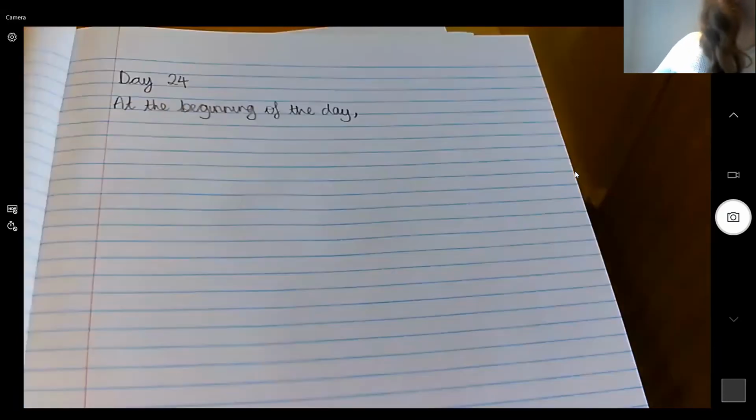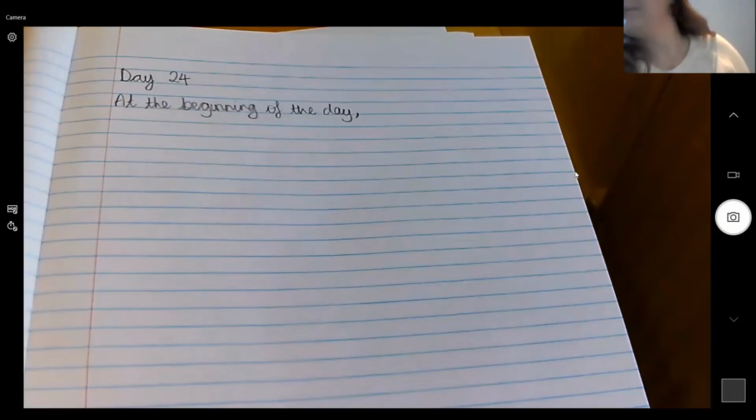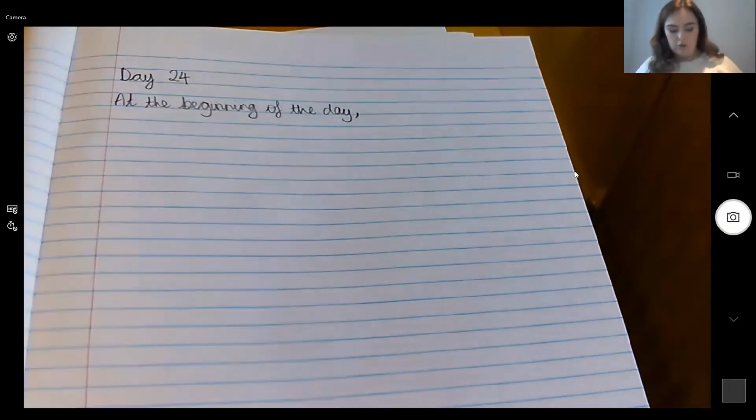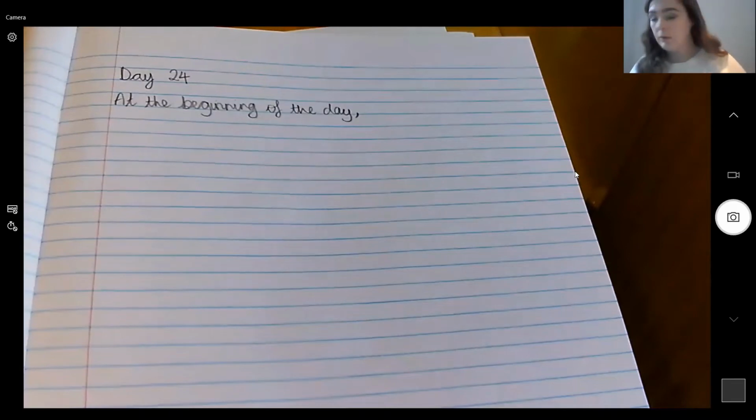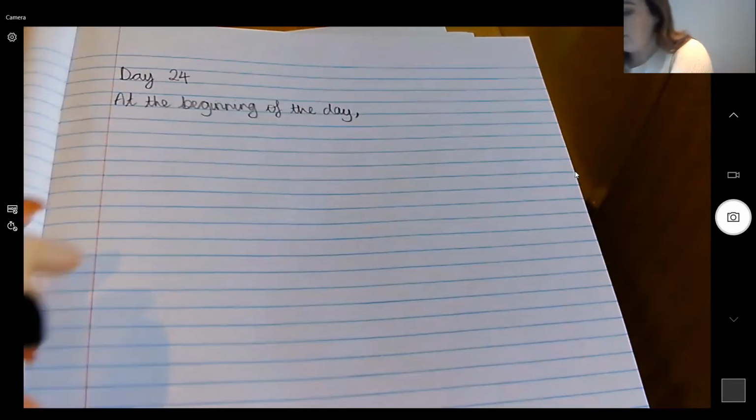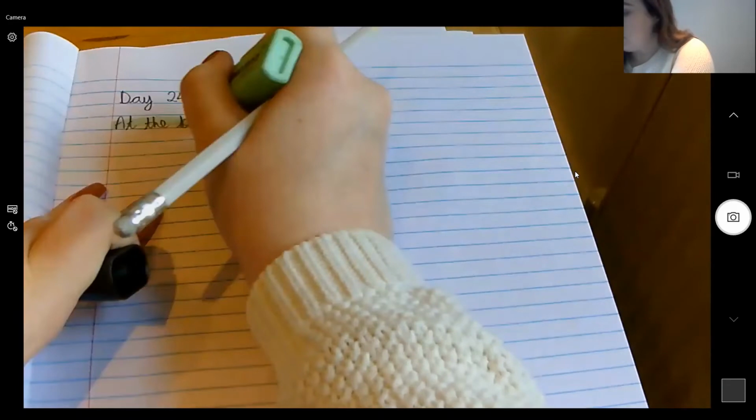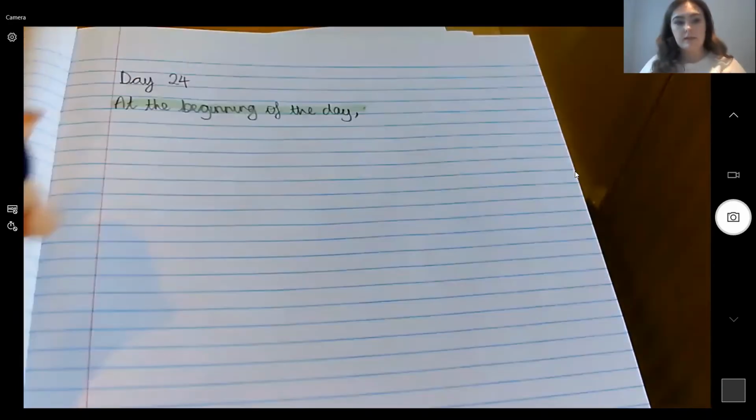And I'm just going to get my highlighters to show you where I'm putting everything in. You don't need to do this, but if it helps you, you are more than welcome to. So this is now my fronted adverbial of time. So that's there for me.